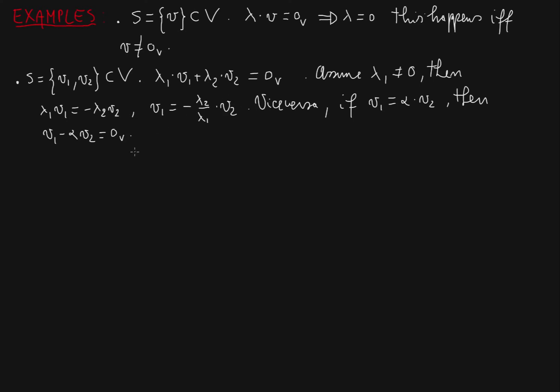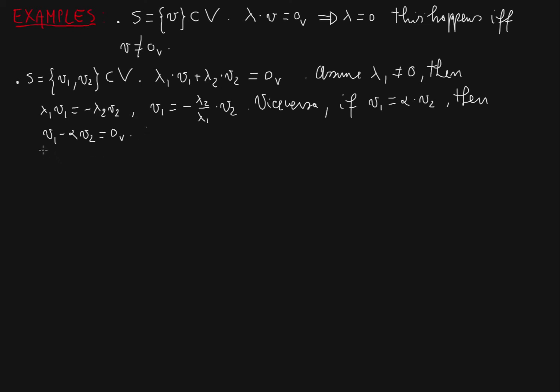Therefore, this shows that two vectors are linearly dependent if and only if one is a multiple of the other. Negating this statement is just saying that a set of two vectors is a set of linearly independent vectors if and only if one is not a multiple of the other.